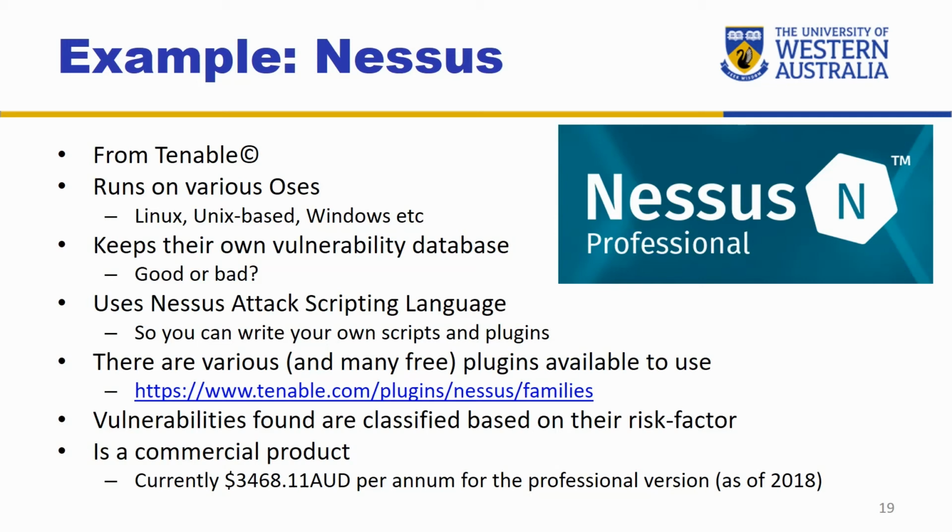So there are different types of vulnerability sources, like the National Vulnerability Database, NVD, etc. But they keep their own vulnerability database as well. So is this a good thing or bad thing? Well, let's start with the good things. What could be a good thing to keep track of your own vulnerability database?